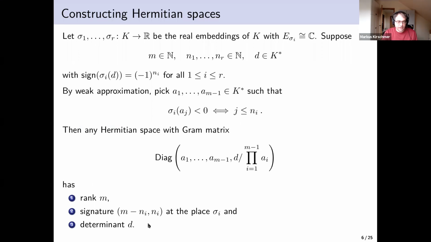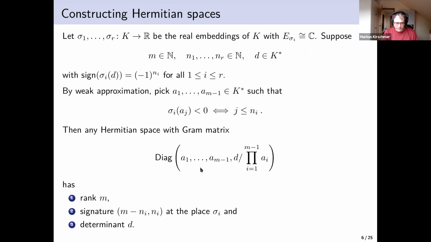So if you give me a rank, a determinant, and the signatures at the real places, sigma 1 up to sigma r, all you have to do is, first of all, by Gram-Schmidt, I know that there must be a diagonal matrix which realizes that space. So the Gram matrix of that Hermitian space must be realizable as a diagonal matrix.